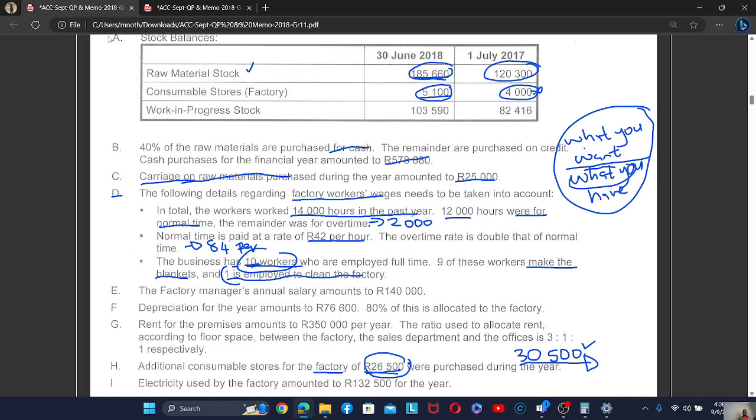But then they are showing that at the end of the year, we have consumable stores of 5,100. So this means that from this 30,500, some of the indirect material was used because it has decreased from 30,500 to 5,100. So this means that we have used the indirect material. Okay. Yes, you get it now. Okay, good.